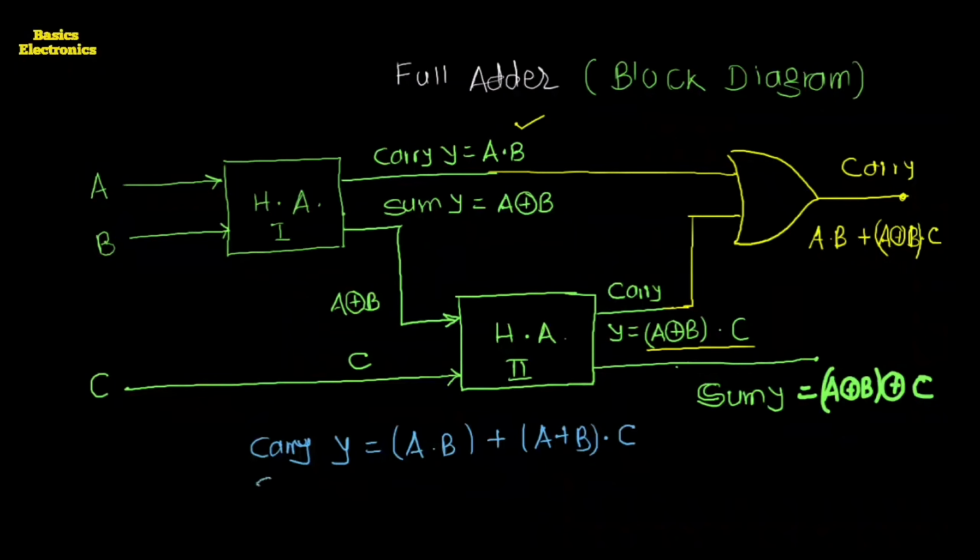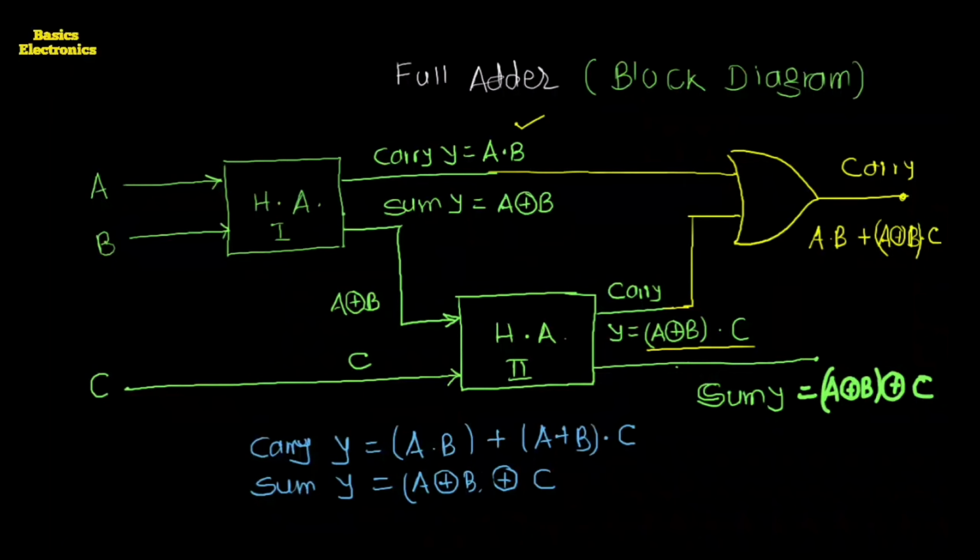Then the sum equation is Y equals A XOR B, which is the first input to this half adder, and the second input is C, so XOR C. We get A XOR B XOR C.